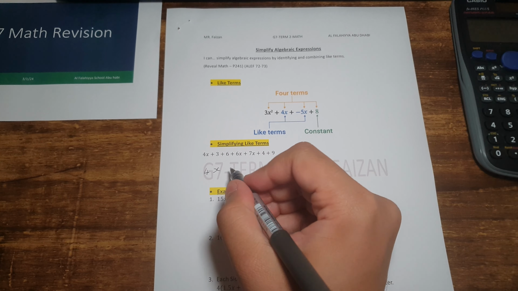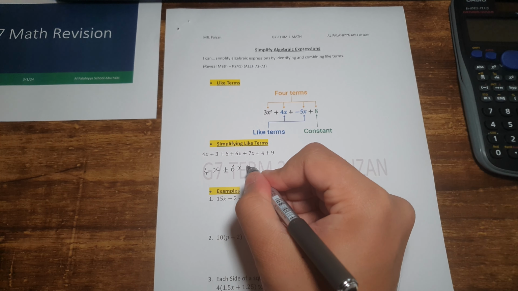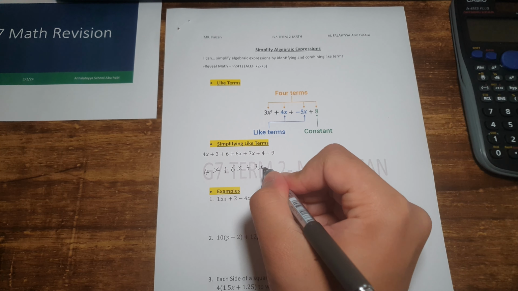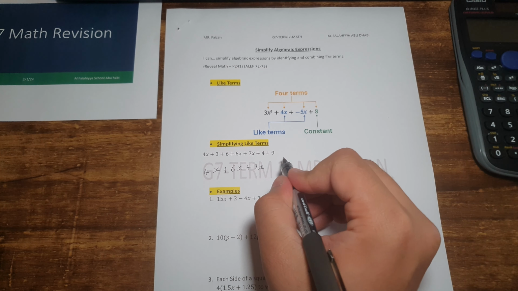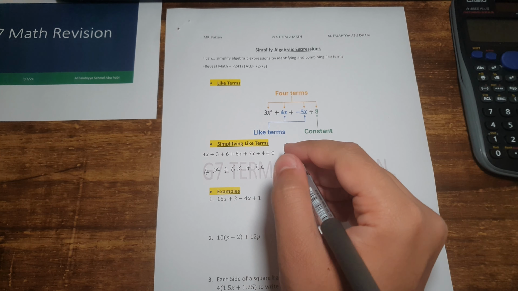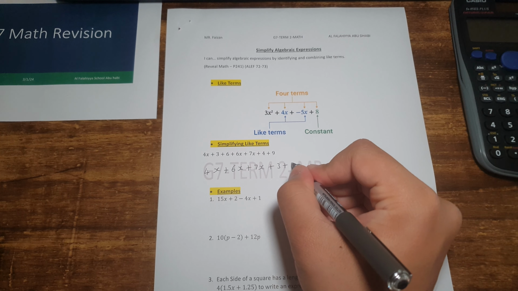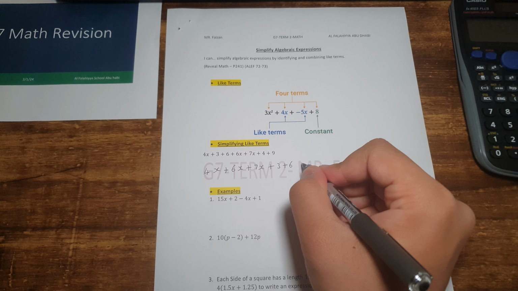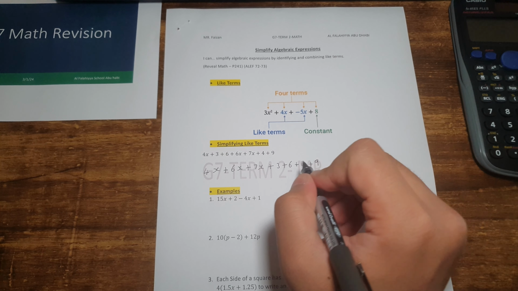So I've got 4x plus 6x plus 7x. Let's pick up all the constants that we can see. So we've got plus 3 plus 6 plus 4 and plus 9.